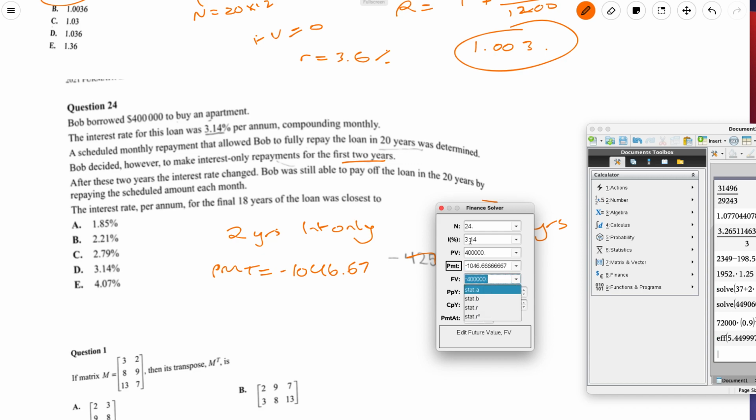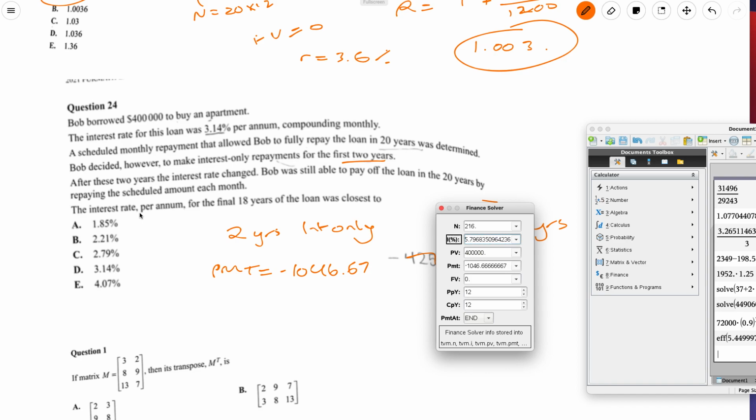We can now set this to go down to 0, pay it off, and then work out what the interest rate was. Actually no, we have to change the number of years, 18 times 12. And then from there now, you can see what that rate would be. And it comes out 5.8, the interest rate per annum for the final 18 years.